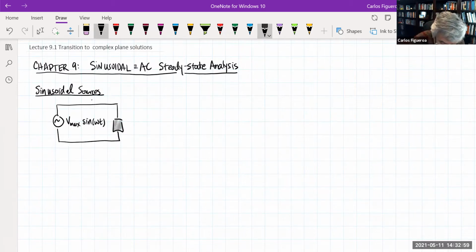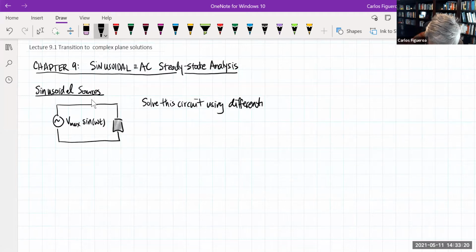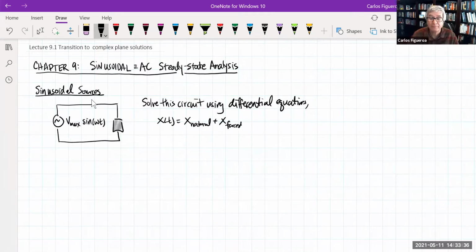Now, one of the things that we've seen is that if I solve this circuit using differential equations, what we find is that I have a natural response and I have a forced response.